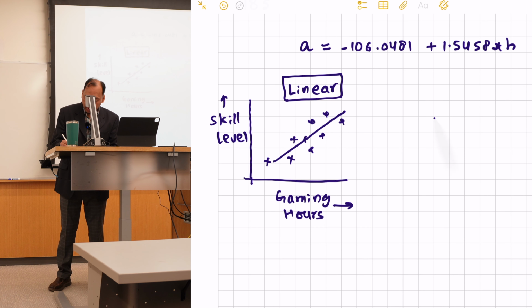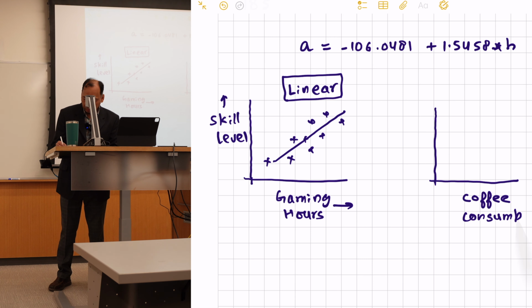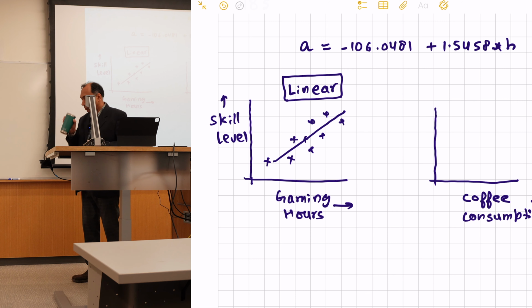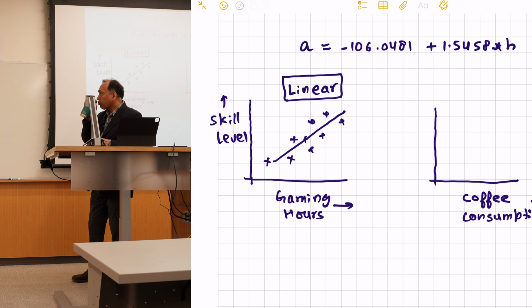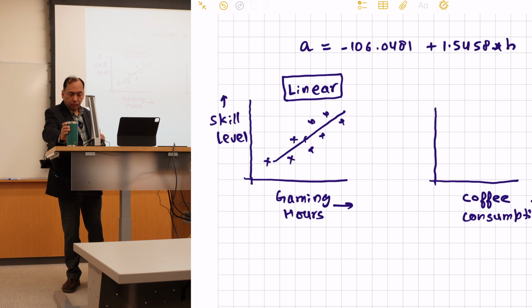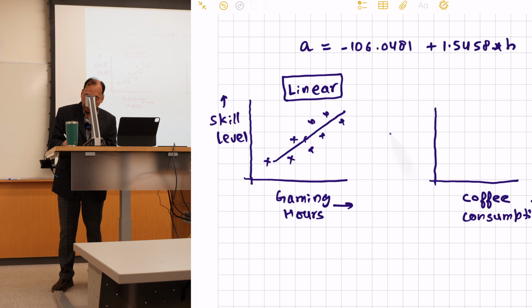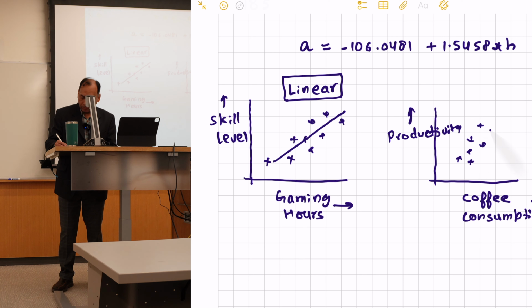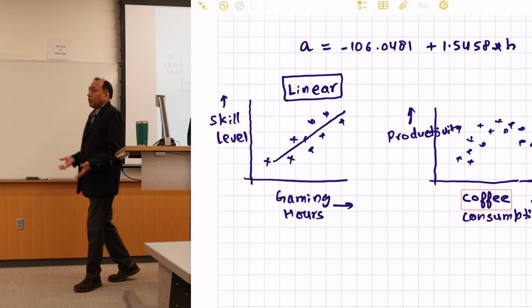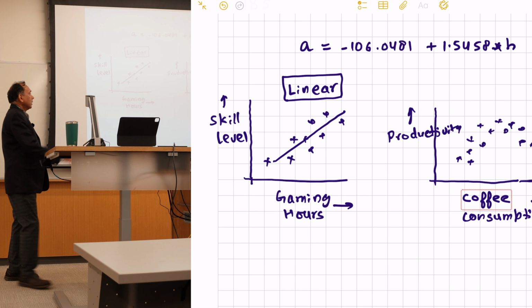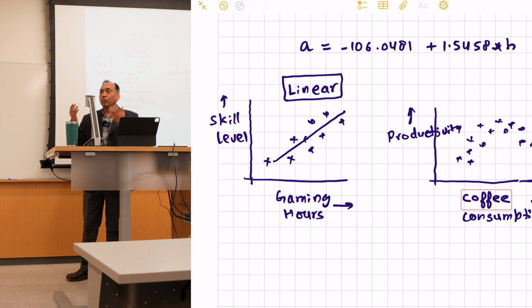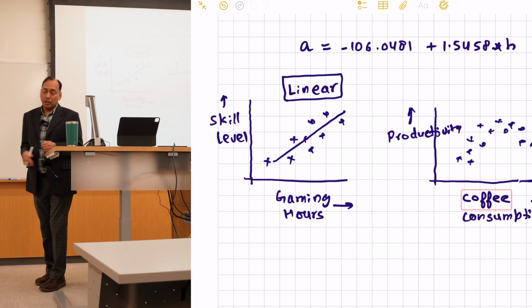We may also have a situation like this. Coffee consumption versus productivity. And if you somehow capture that and you get a plot like this, initially it improves productivity, but then reaches a peak, and after that, if you have more coffee, probably productivity comes down.